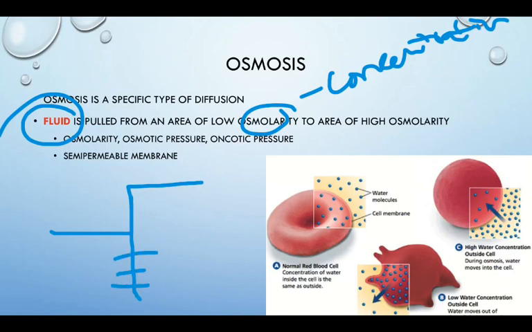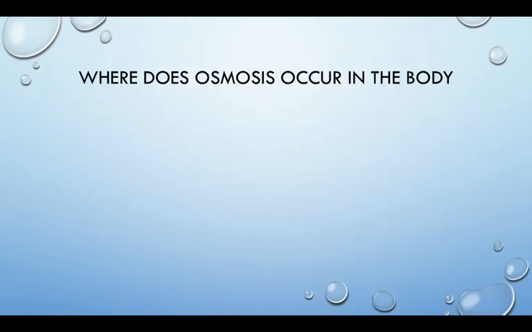Okay? Alright, so moving on, I want you to tell me, where does osmosis occur in the body? Well, the most frequent place that we think about it occurring in the body is in the kidneys, or in the bloodstream. Alright, so let's look at it in the bloodstream.